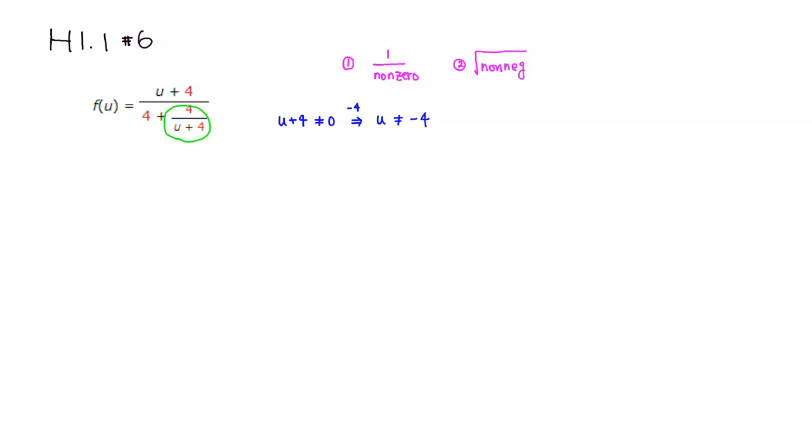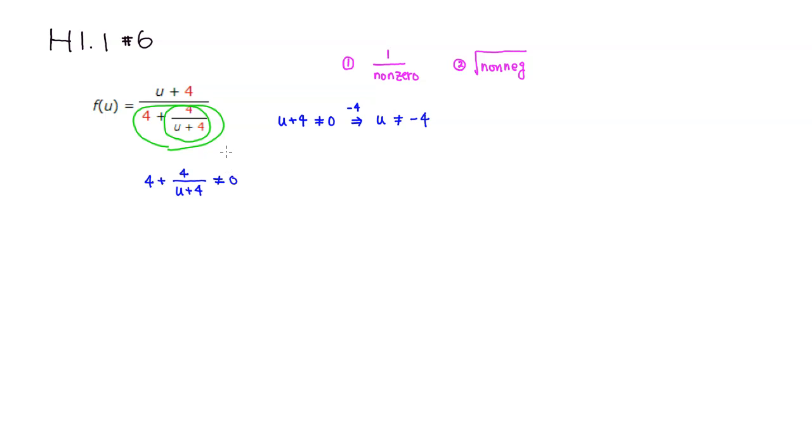Another thing is, if you look at the fraction, you can see that this is actually the denominator of the whole fraction. So we cannot have 0 there. So we take 4 plus 4 over u plus 4, and we cannot have 0 there.